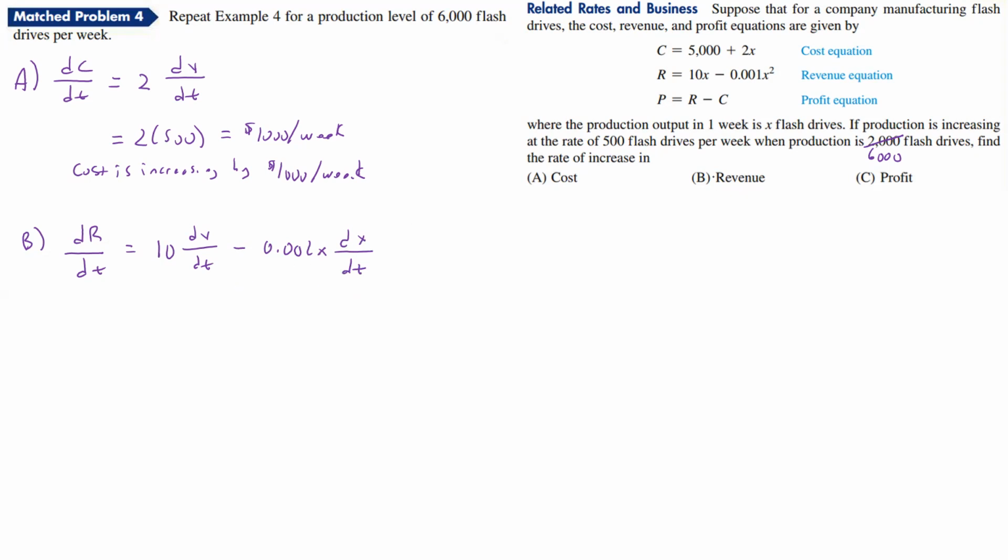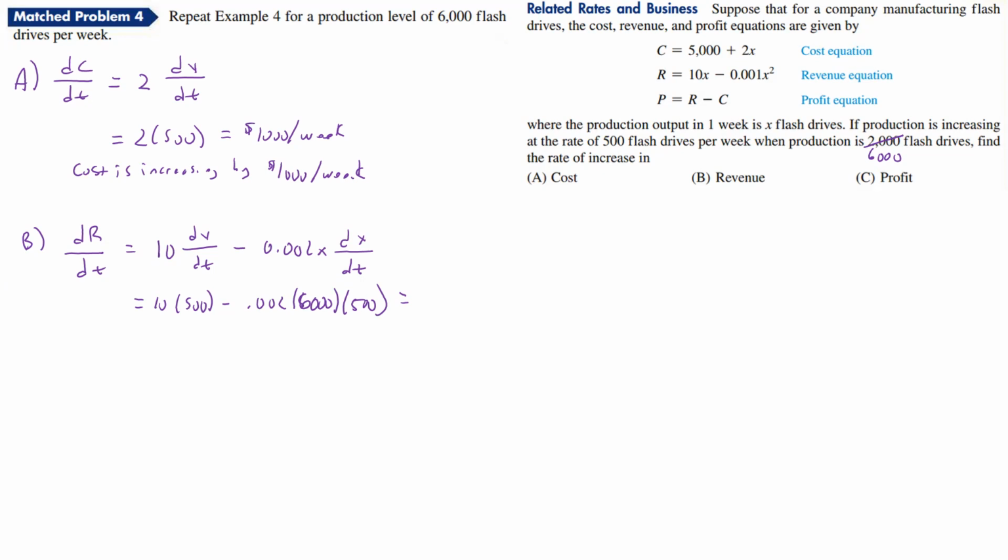Now we just plug in what we know. Well, dx/dt, we said that's 500. So that's going to be 10 times 500 minus 0.002 times, this time it's 6,000 because x is 6,000, then times the 500. Okay, so that one makes it a little bit harder. So now we have 10 times 500, so that's going to give us 5,000 minus 0.02 times 6,000 times 500.